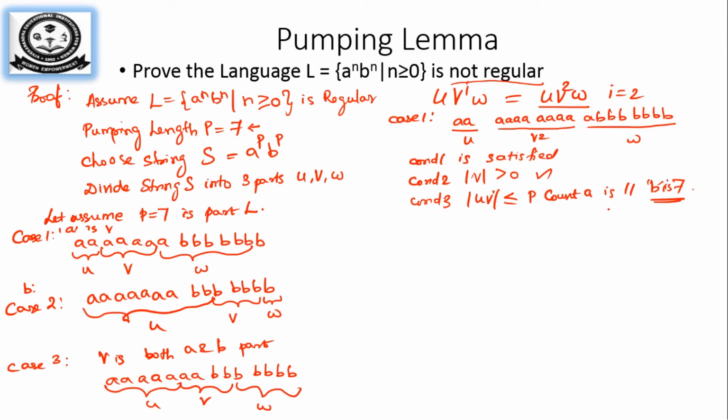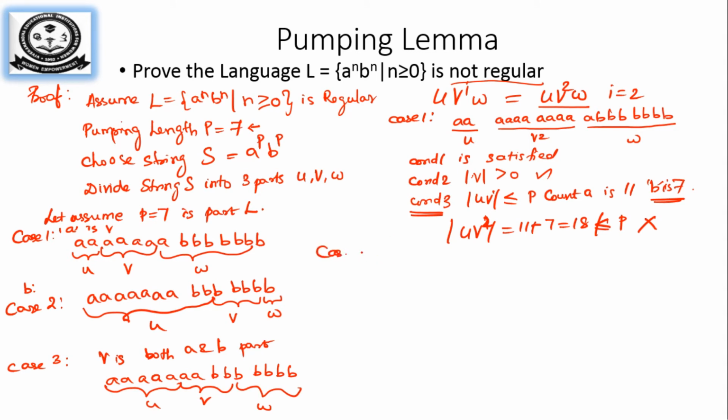So the length of UV squared is 11 plus 7, which is 18, which is not less than or equal to P. So condition 3 fails for case 1.